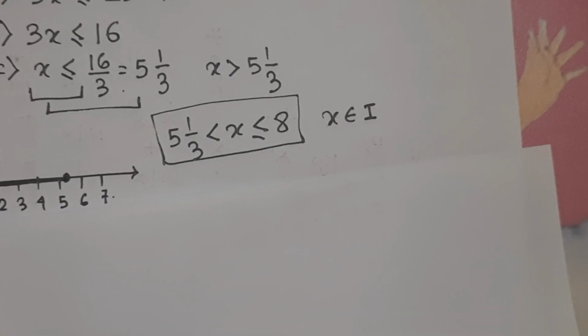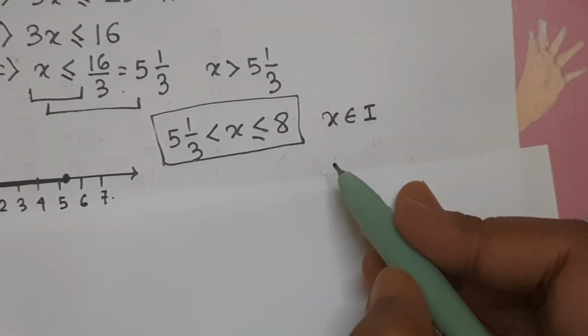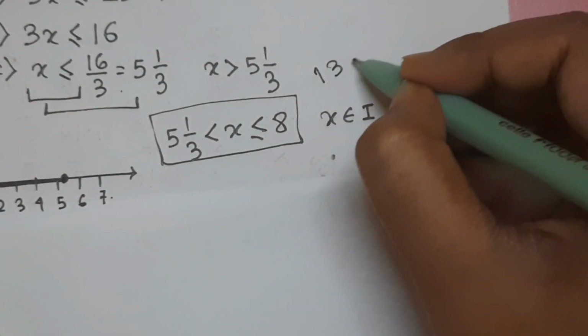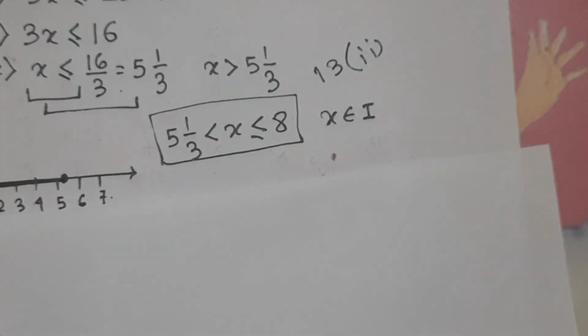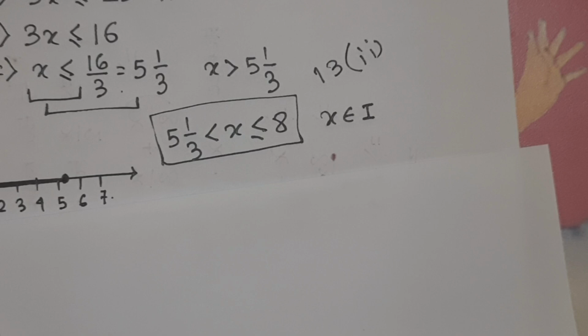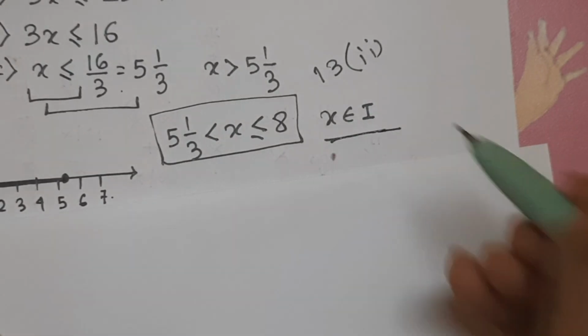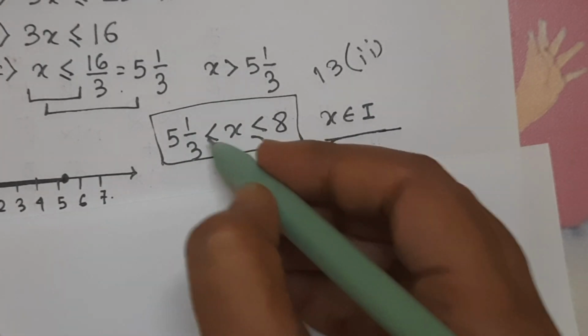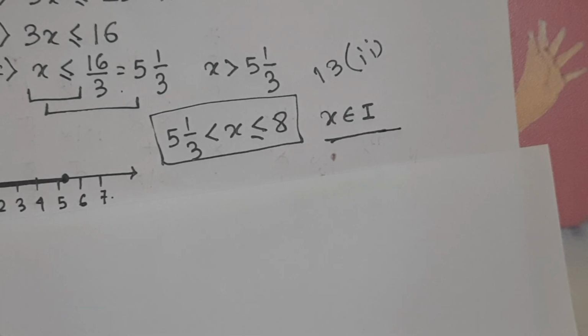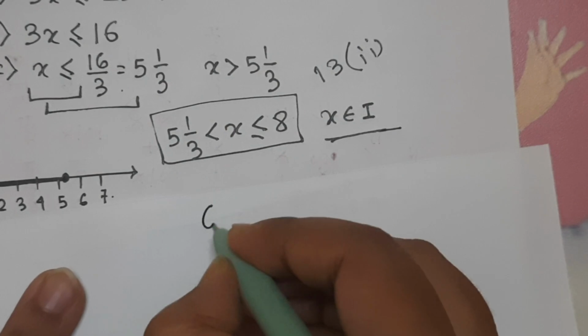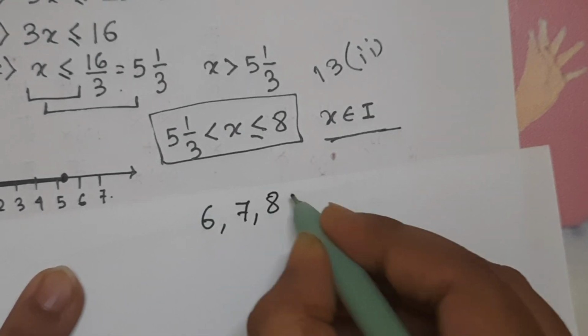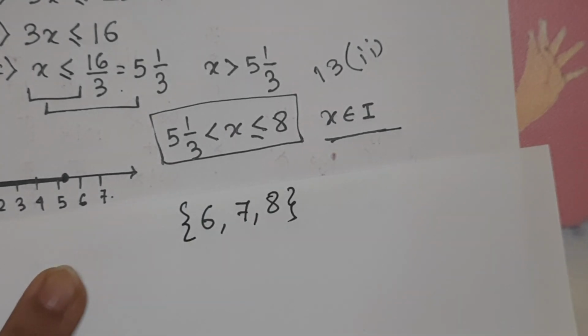See, another thing here mentioned that in case of this question 13(2), x belongs to I, so x belongs to I and this I means integer number, and 5 and a 1/3, that is not an integer number, so you have to consider integer number after that. Okay, so 6, 7 and 8 will be the answer. Okay, understood?